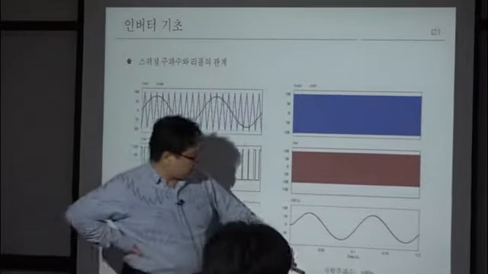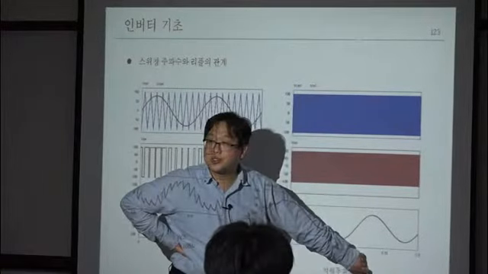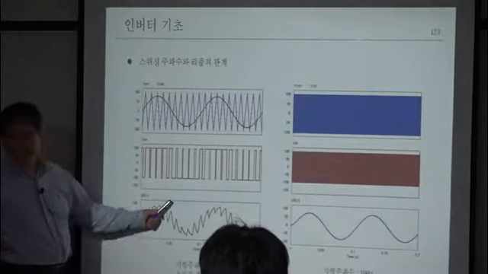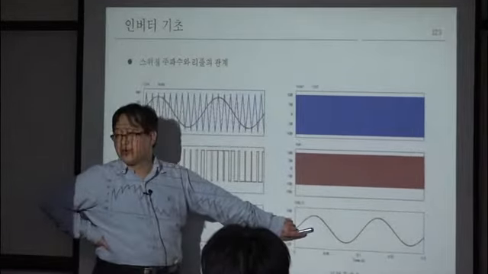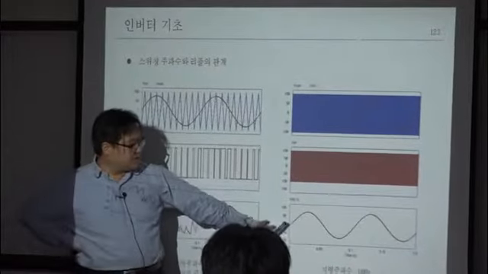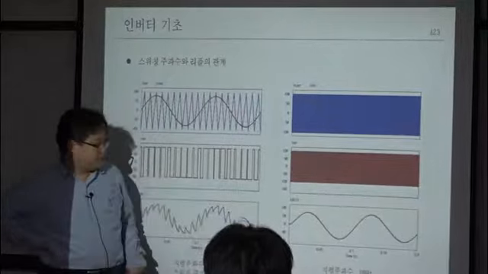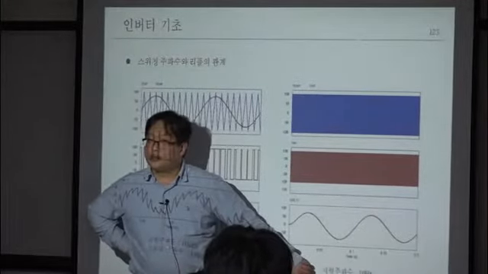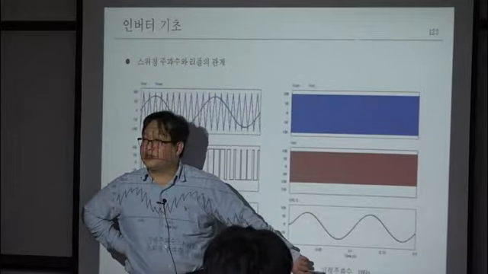And in this case, your reference is still 10 Hertz, and your switching frequency is 10 kHz. Apparently, the current ripple of this one is much, much smaller than this. It looks like almost the fundamental components. So achieving high frequency is good.